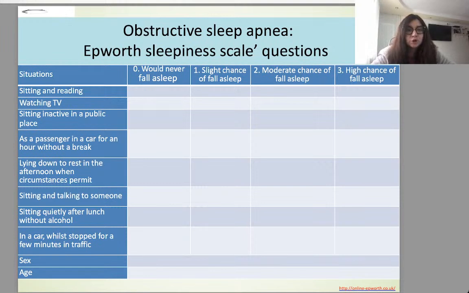The situations are different: sitting and reading, watching TV, sitting inactive in a public place, as a passenger in a car, and other situations, and the patient puts a number of points for each situation, showing the chance to fall asleep.